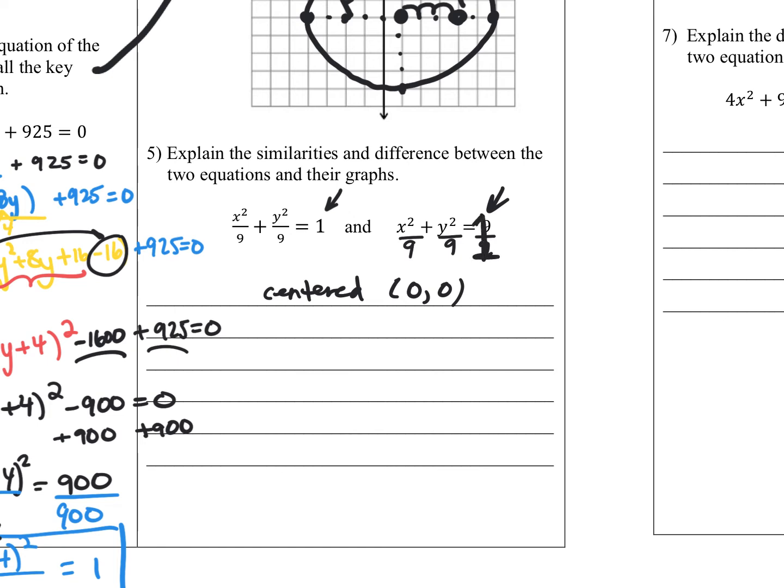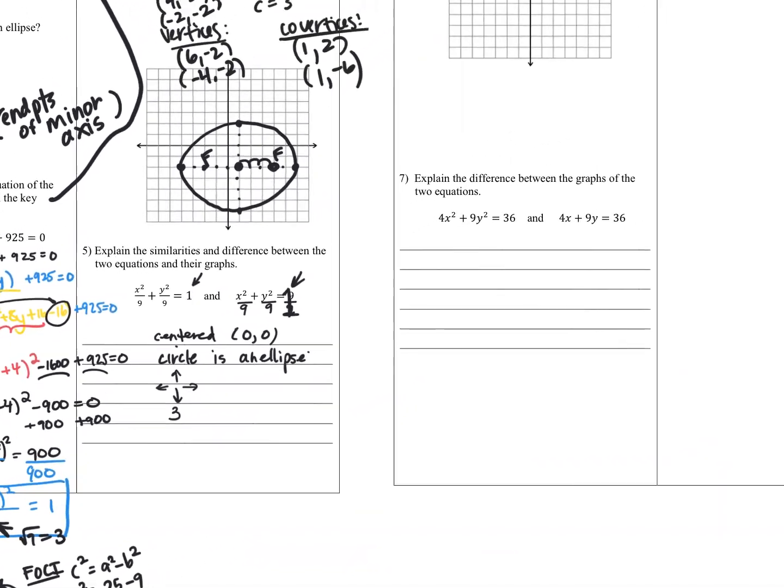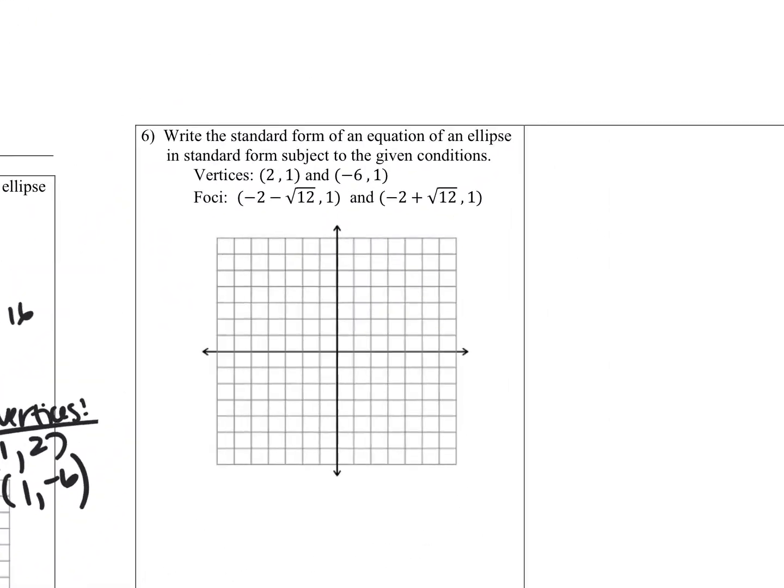So really it's saying that a circle is a special ellipse, where we're going in all directions, up, down, left, right, really 3. So it's just 2 different ways of writing our equation of a circle.